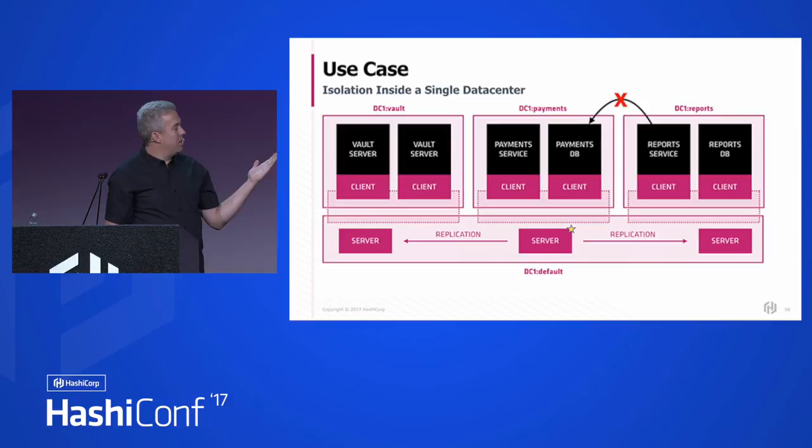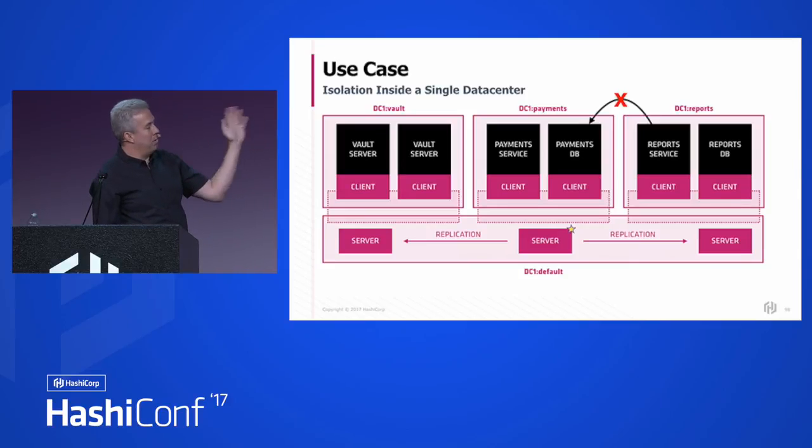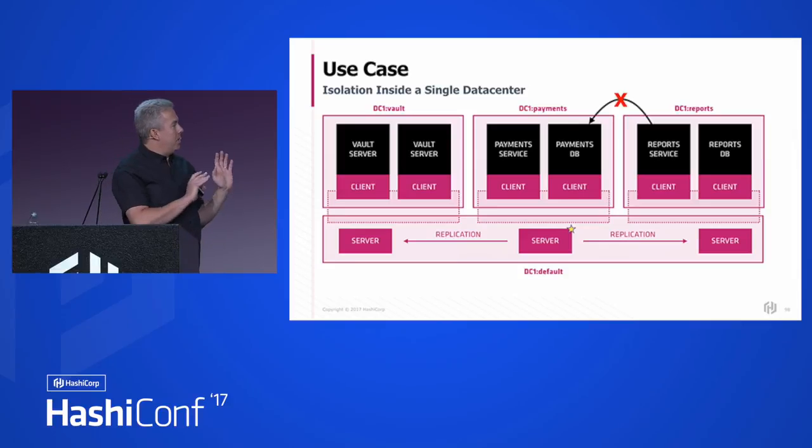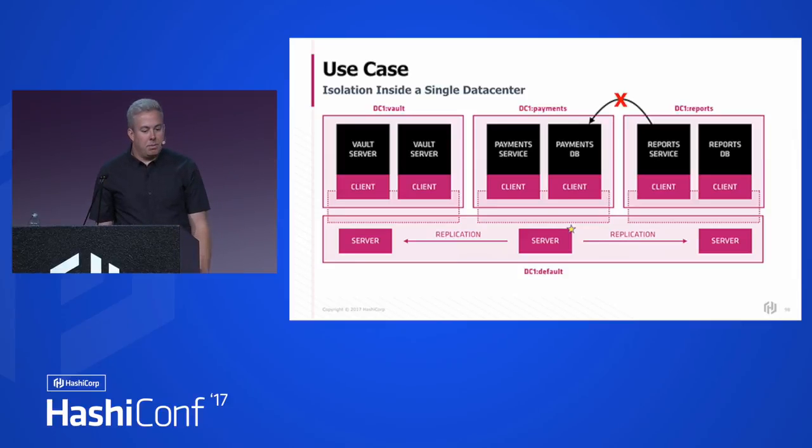And since you're sharing servers, you can also share your KV store more easily. You're all in one service catalog. So for cases where Vault is shared but nothing else is shared, you can mix and match like that. You can have a small number of shared services in the default segment, but otherwise the segments are independent network-wise.